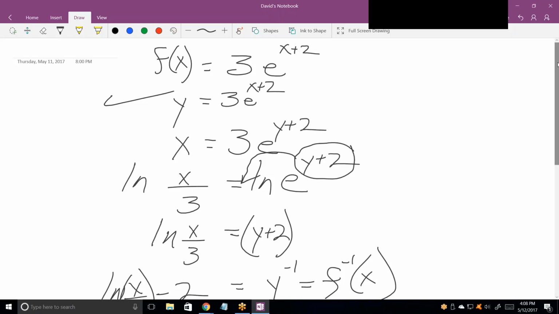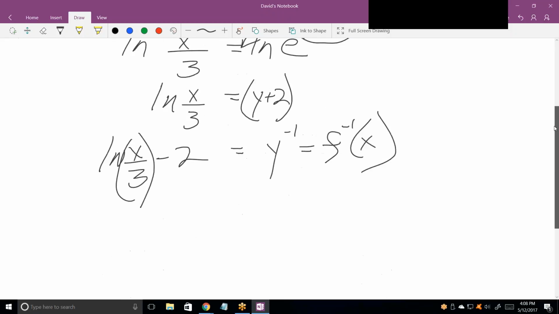I have found the inverse. That's not the same, so I can't call it y. But I can call it y inverse, or f inverse of x. And that's the answer.